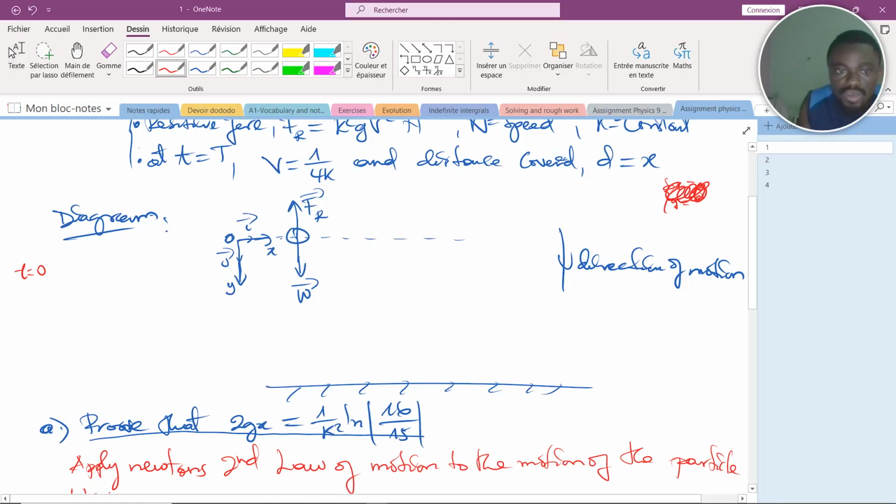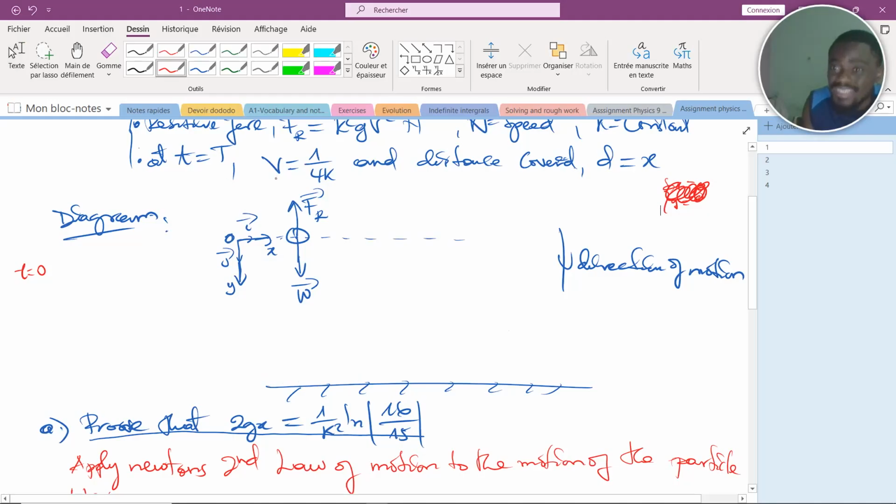You understand? You put your y, you put your x. You always put your axis at the level where the particle starts the motion. Because in an exercise, they can specify that the origin of reference is on the floor. So it means you shall put your origin of reference on the floor.